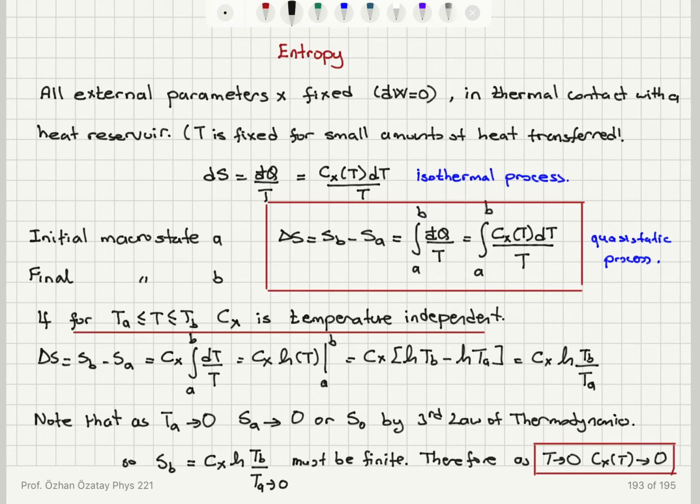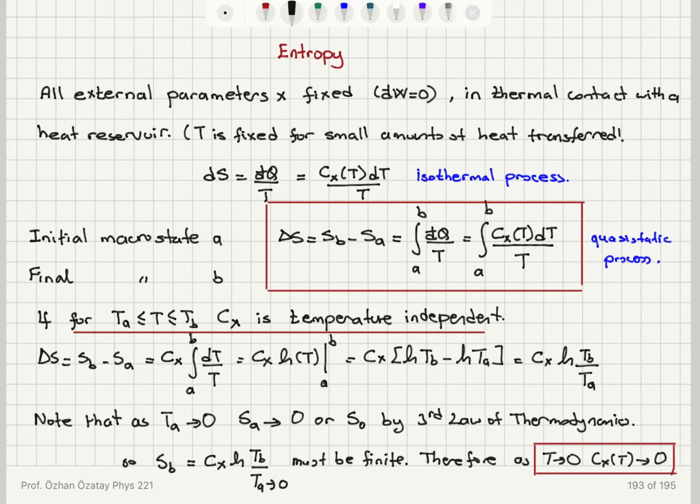So when you set SA equal to 0, that means SB must be equal to C_x natural logarithm TB over TA, where TA goes to 0. For SB to be finite, since TB is already finite, C_x also must be going to 0. So you will have 0 times natural logarithm of a finite number divided by 0.